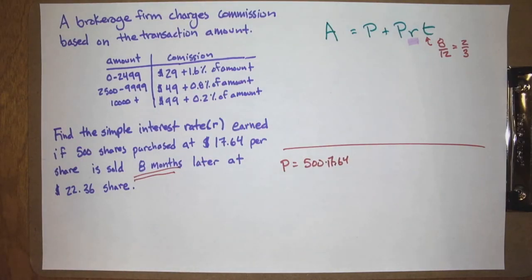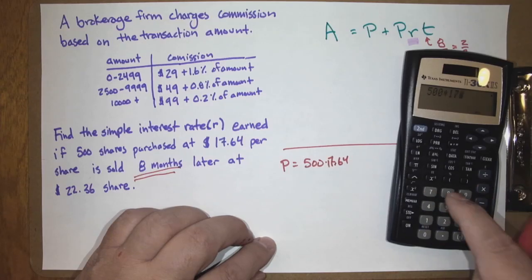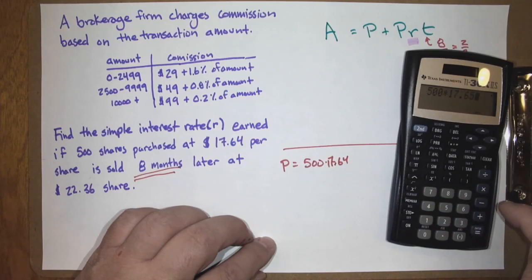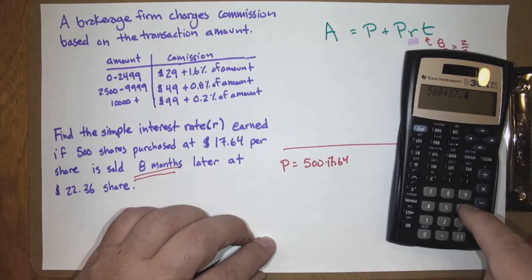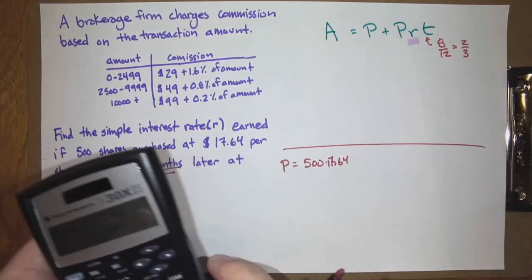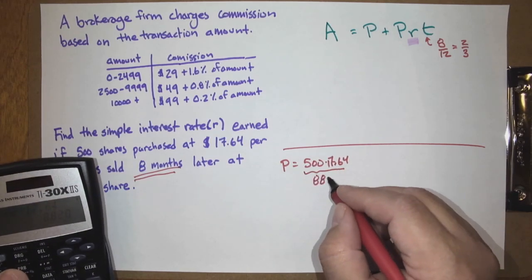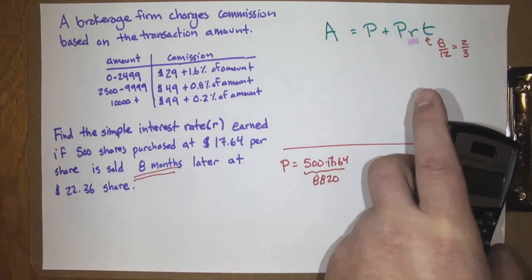Let's see what that turns out to be. 500 times 17.64 equals $8,820. Okay, so that is how much we're paying for the stock.